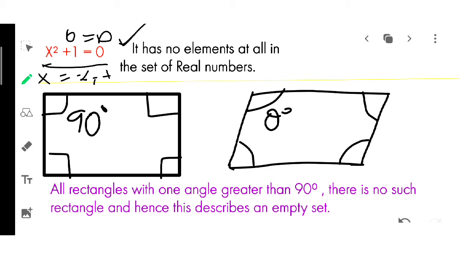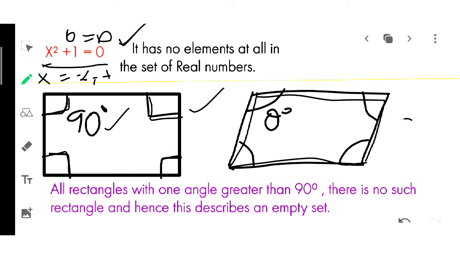Okay, now considering the shape rectangle, we know that it makes a right angle at its ends, and each right angle has the degree value 90. But when we consider a parallelogram, it won't have a right angle, that is, it won't have 90 degrees. Are there rectangles with one angle greater than 90 degrees?